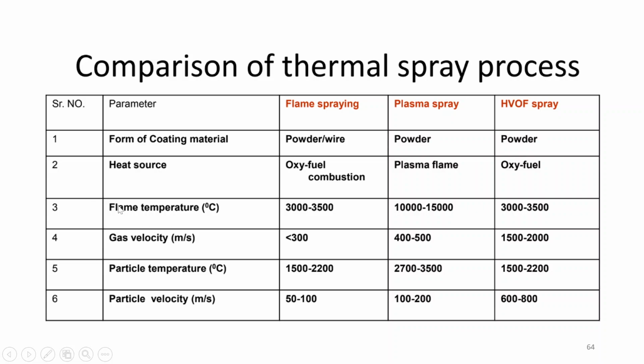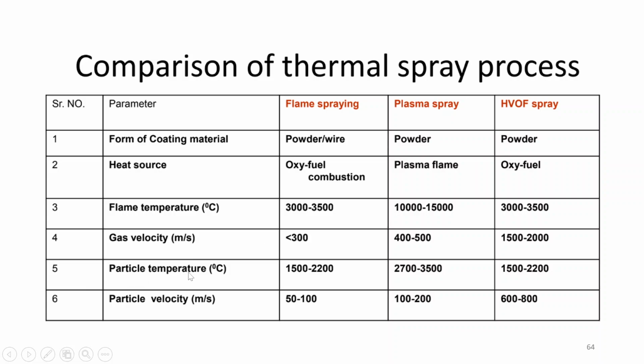Flame temperature is 3000 to 3500 in case of flame spray, 10,000 to 15,000 in plasma spray, and 3000 to 3500 in case of HVOF. Gas velocity is below 300 in flame spraying, 400 to 500 in case of plasma spray, and 1500 to 2000 in case of HVOF spray.